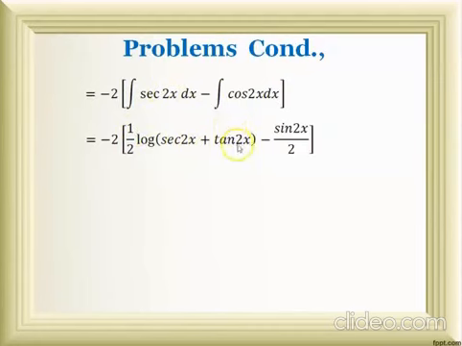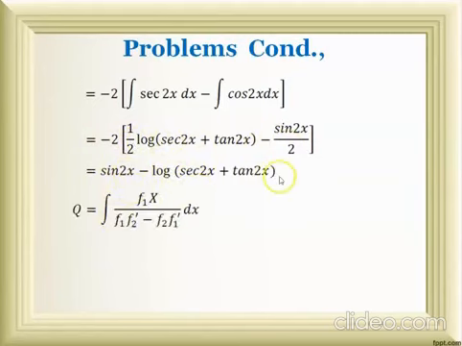In place of a, I have 2. The sin cos integration formula gives a plus sign, so sin 2x becomes sin 2x by 2. After cancelling, in both terms the denominator inside has 2, so both get cancelled with the outside 2. Finally, I move on with this minus inside. The second term becomes positive, and the logarithmic term takes the minus sign. So P is equal to this particular expression.